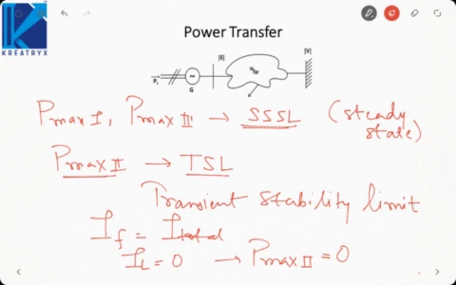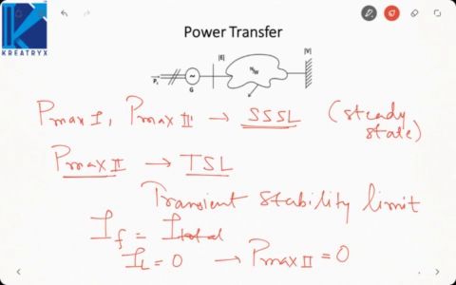And remember one fact, that you can exceed the transient stability limit, that is, mechanical input or shaft input can be greater than P max 2, but it can never be greater than P max 1 or P max 3. Because we will judge steady state stability only under steady state. During transient, it does not matter whether you are drawing more power than the maximum or less, because the system is not under steady state. So steady state stability and transient stability are two different phenomena.